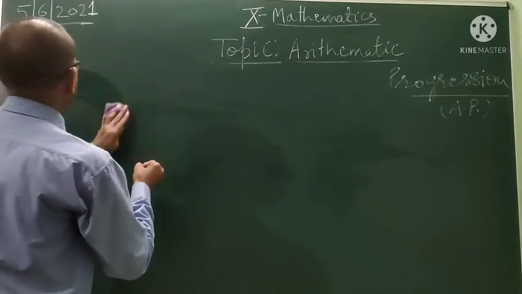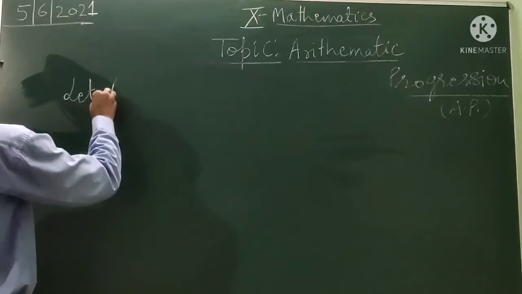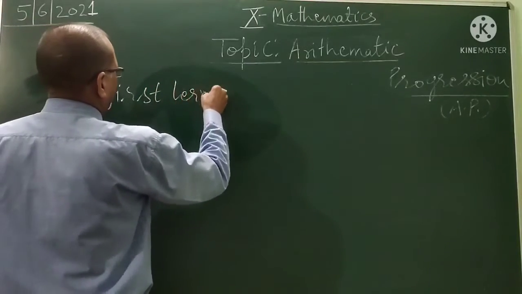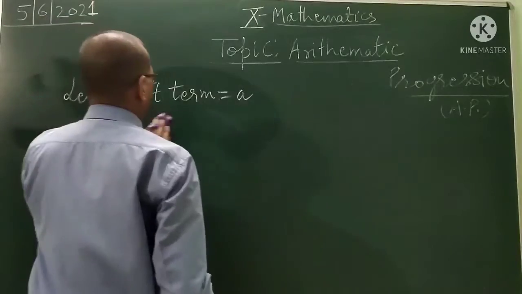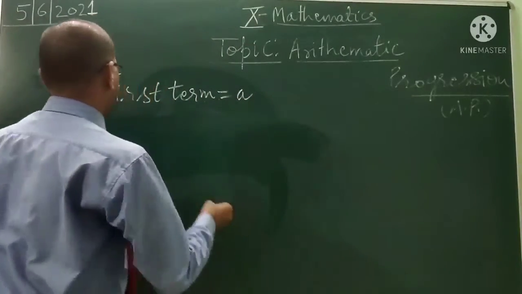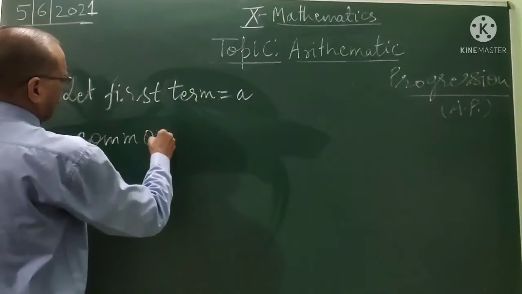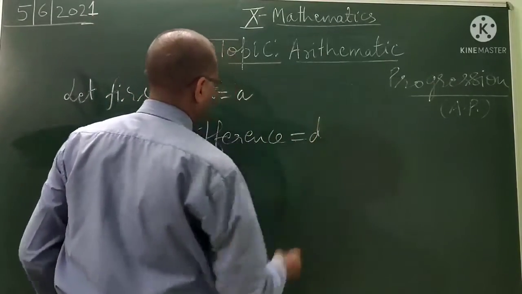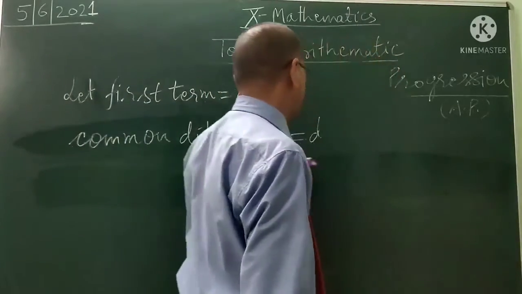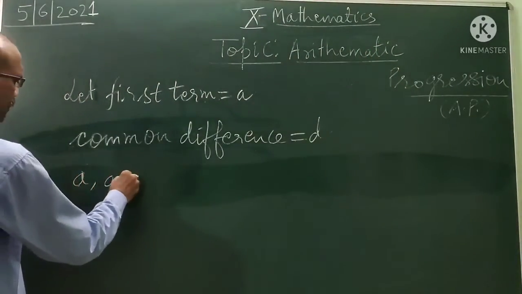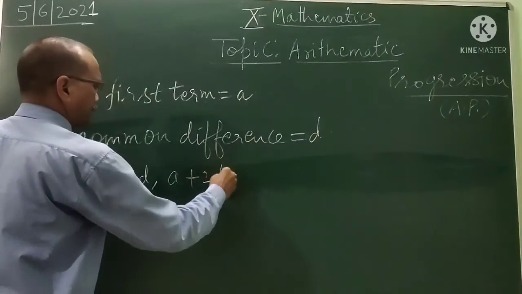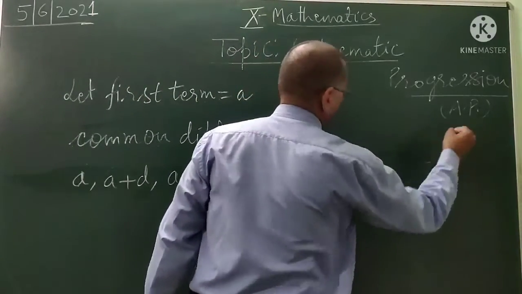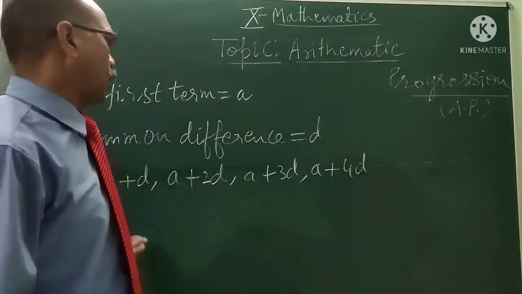Let the first term equal A, and the corresponding difference is called the common difference, and the common difference equal D. Then the AP can be written as A, A plus D, A plus 2D, A plus 3D, A plus 4D, and so on.